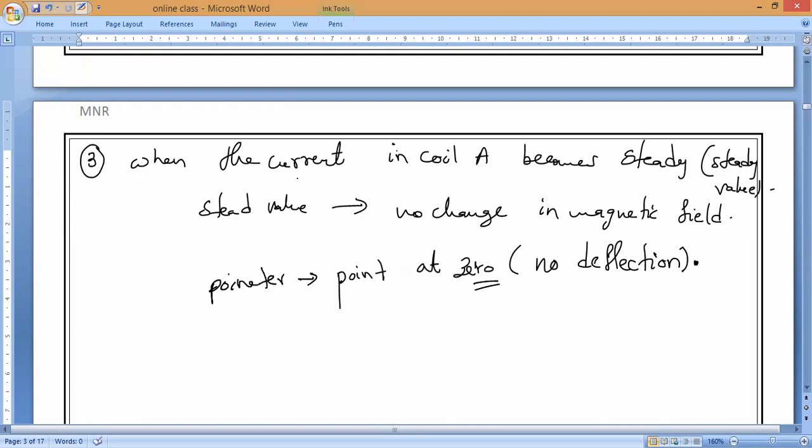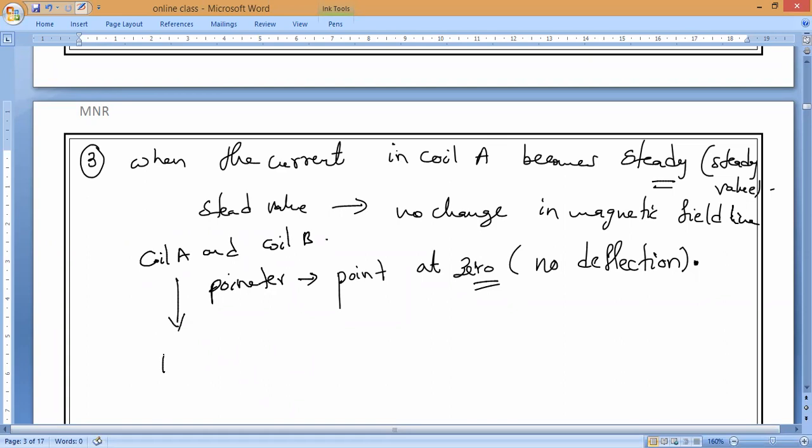So why? When the current in coil A becomes steady, there is no change in the magnetic field. You understand, guys? No change in the magnetic field lines in coil A as well as coil B. So with no change in the magnetic field lines, there is no induced potential difference.